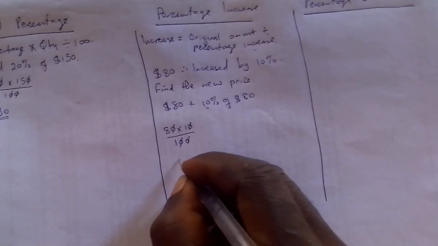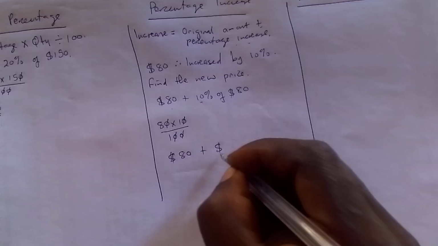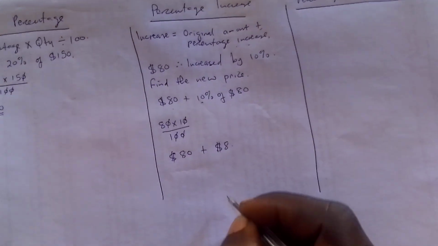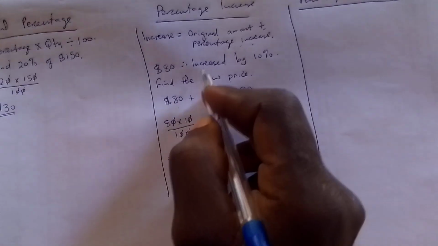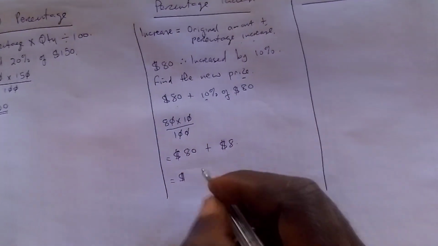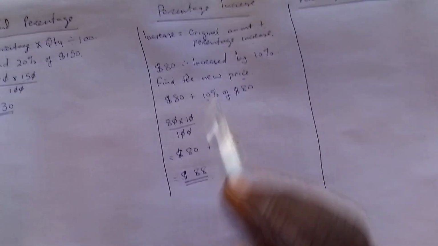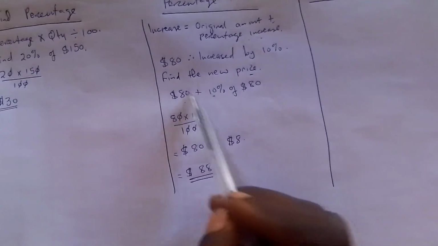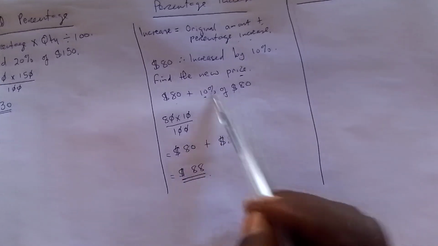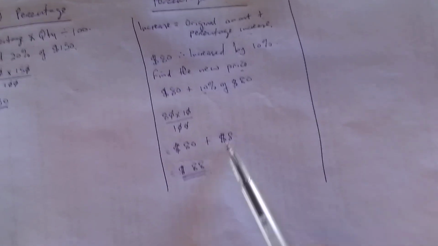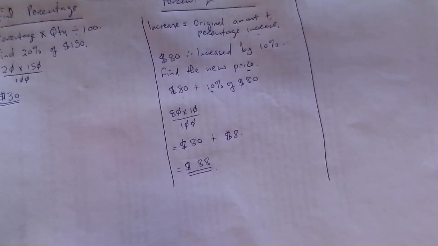Now we are going to say 80 plus $8. Therefore our increase is our new price. The new price is $88. Did you see what we did? We took the original amount, 80, then we add 10% of 80, which is $8, giving the new price of $88.